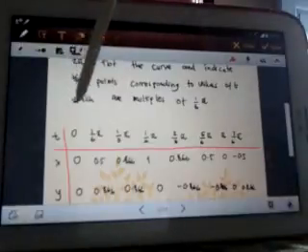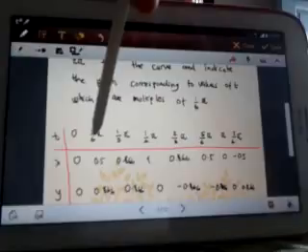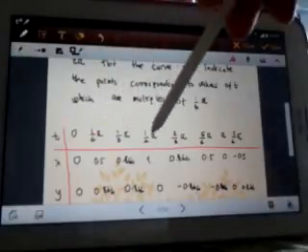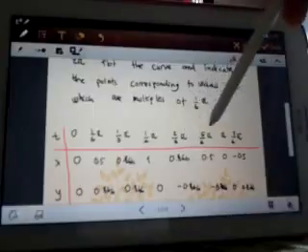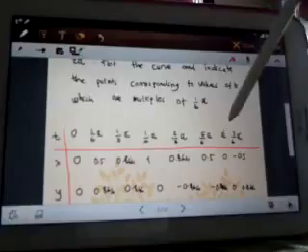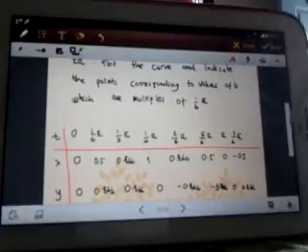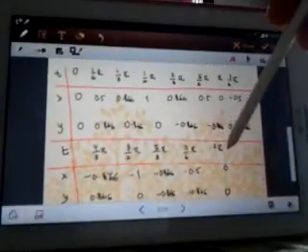For example, we start from 0, then 1 over 6 pi, 1 over 3 pi, 1 over 2 pi, 2 over 3 pi, 5 over 6 pi, pi, 7 over 6 pi, and so on until 2 pi.